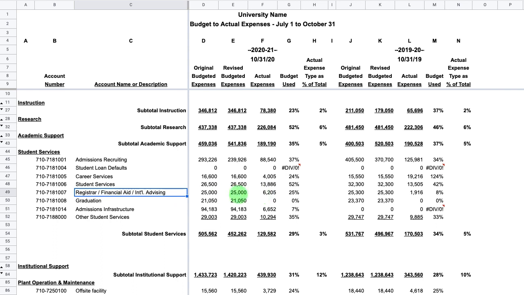You can see what the line items are here. Graduation as an event has its own budget. Admissions has another budget here. This is infrastructure. So in this case, these 2 accounts together equal the enrollment management or admissions office budget.